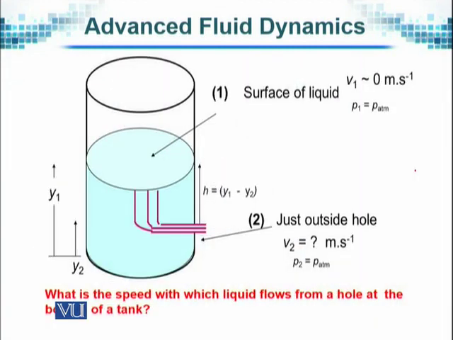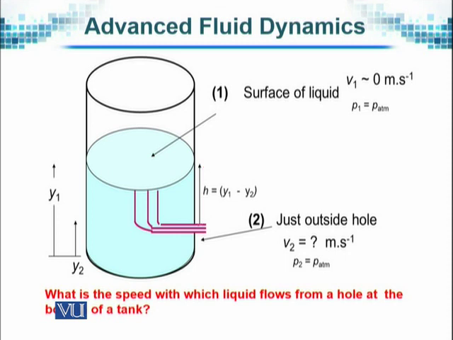We consider here another example. Let's assume that there is fluid, it could be water or whatever, in a certain container, and the height of it is indicated in light blue color. The height is indicated as h. The levels are considered as y2 and y1, and therefore the water level difference is y1 minus y2, which is denoted by h.